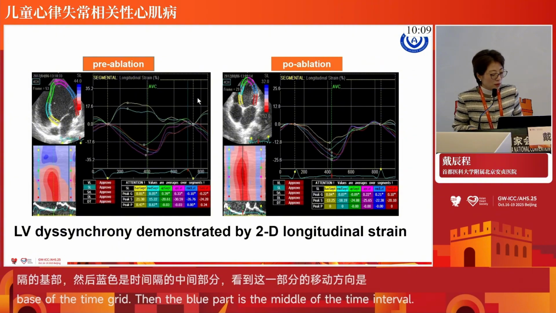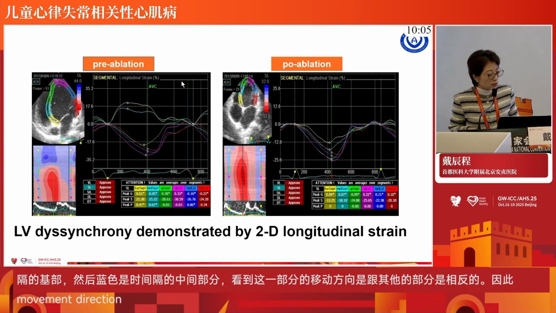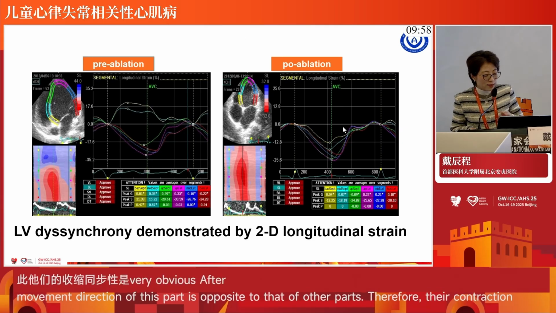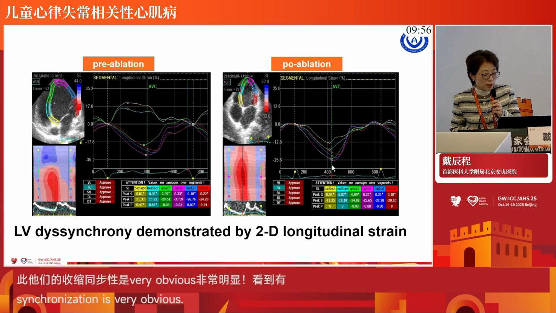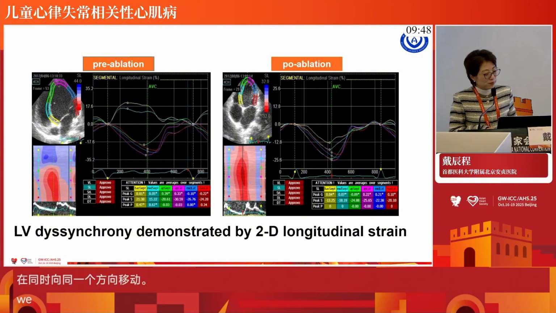The dysynchronicity of systolic contraction is very obvious. After ablation, we can see all the segments move to the systolic strain at the same time, and they turned to synchronous contraction.